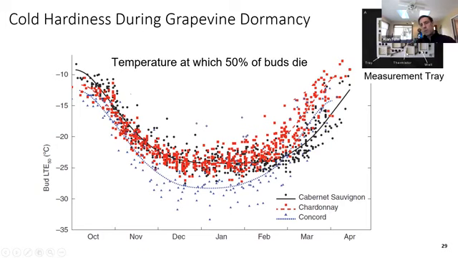They can go out, get a diverse set of buds from around the field, and put the buds in these little chambers. And these chambers are connected to some detectors that can detect when energy is released due to freezing, because that's what happens when something freezes. Some energy will be released.